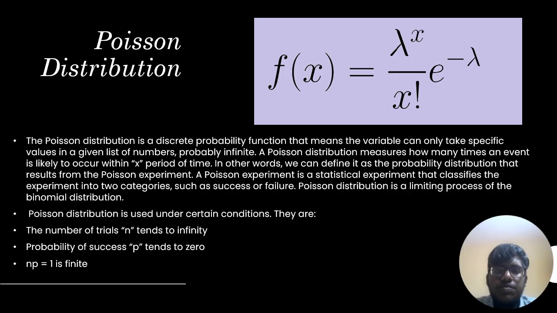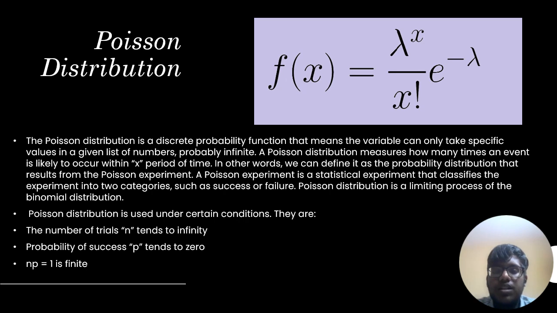Poisson distribution. The Poisson distribution is a discrete probability function, which means the variable can take many values in a given list of numbers, probably infinite. A Poisson distribution measures how many times an event is likely to occur within a given period of time. In other words, it is a probability distribution that results from a Poisson experiment.